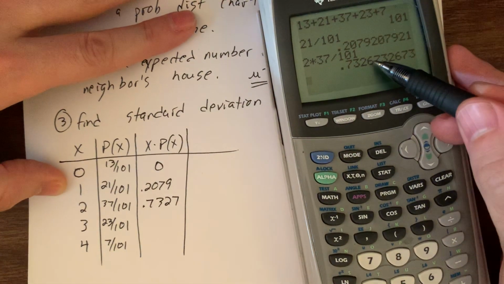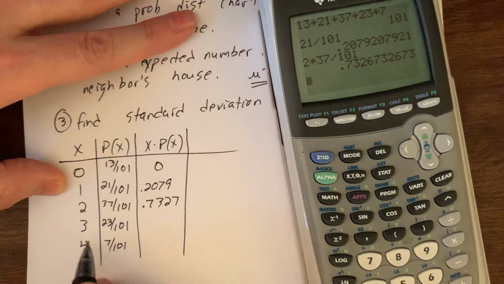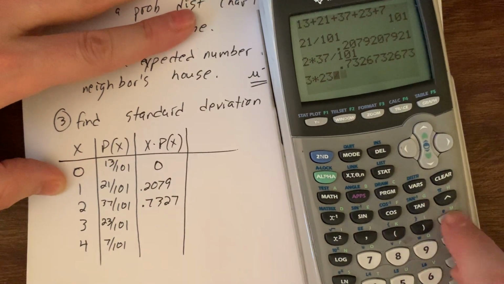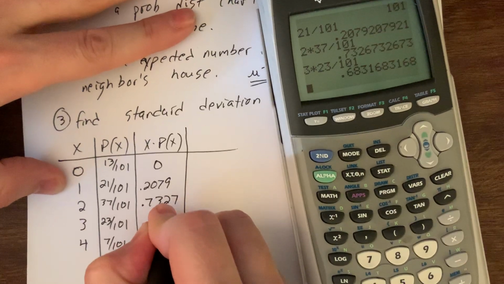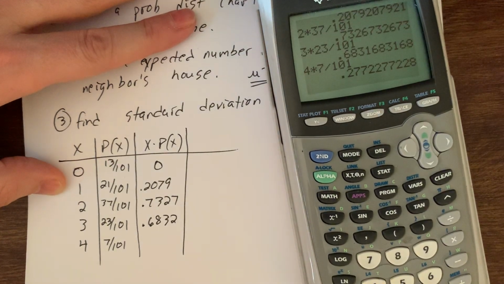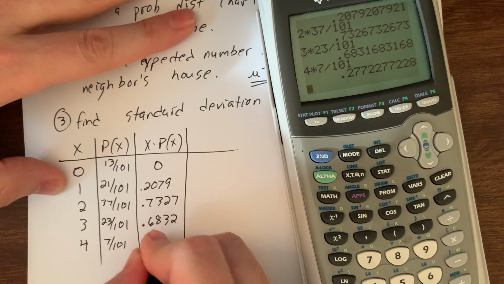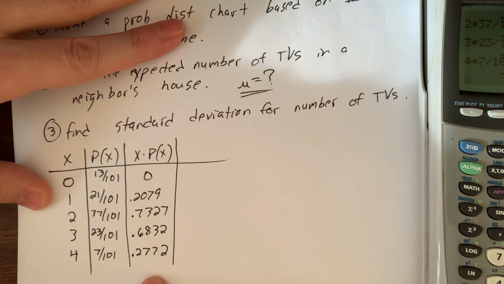Again, realize I'm rounding. I'm not just cutting off at the 6. I'm rounding from here to get that. There's my x times p of x.